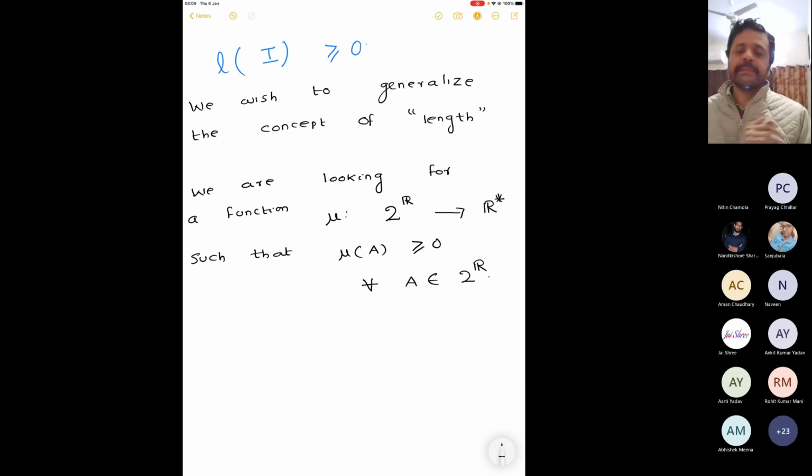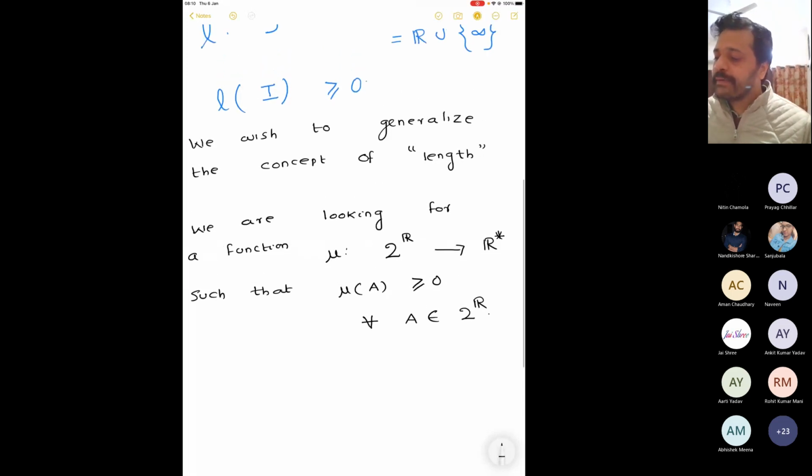As I told you in the previous lecture, if you want to just define a function, there is nothing great about it. You can always do that. But then I want mu to be a generalization of length.